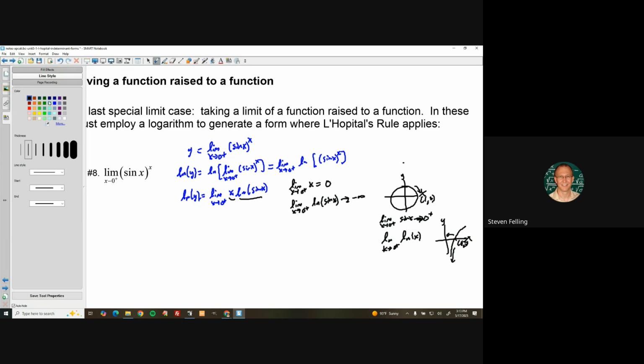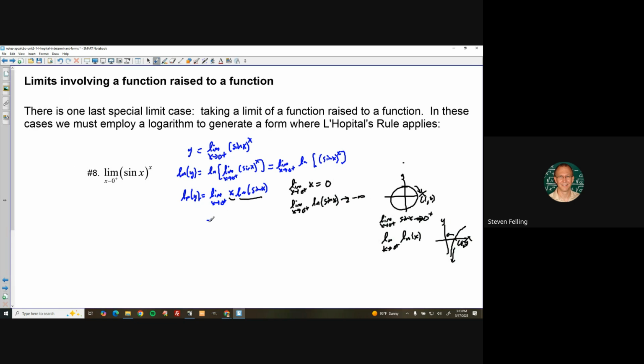So the next step I'm going to do over here in the main limit is I'm going to rewrite this limit, x approaches 0 from the right. I'm going to take this natural log and leave it on the top, natural log of sine of x. And I'm going to write this x as 1 over 1 over x, moving it to the bottom of the fraction like that.